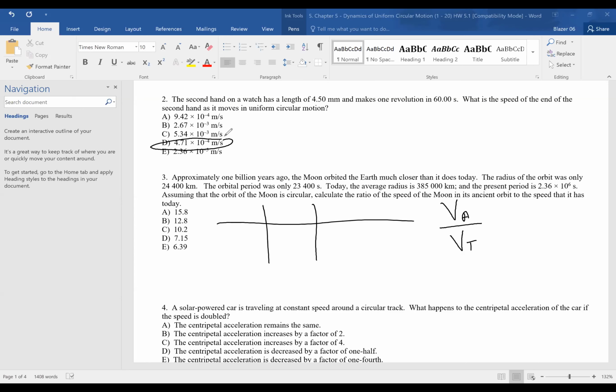So here we need to find the velocity ancient.